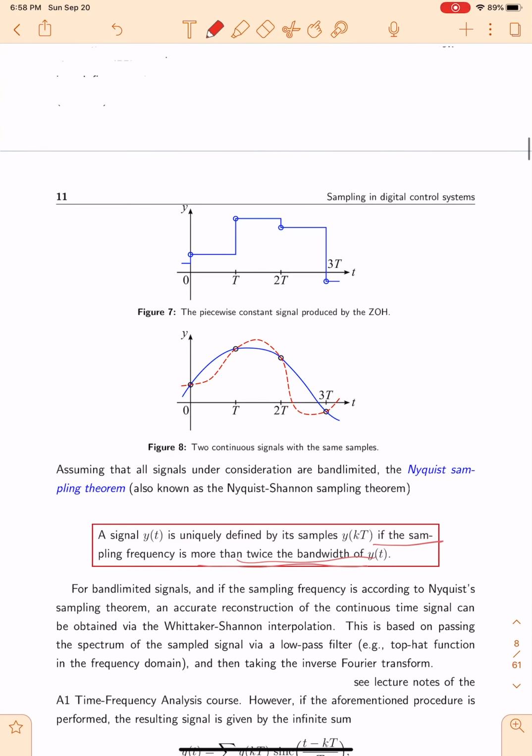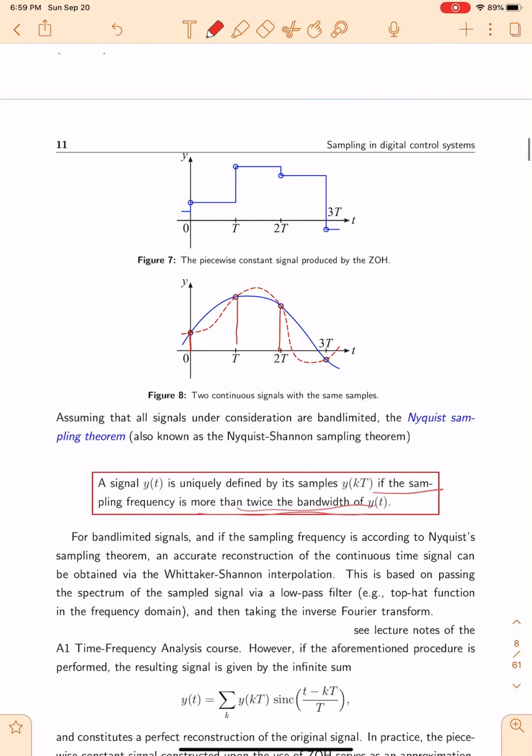So this introduces the Nyquist-Shannon sampling theorem, because when you give two signals the same samples, they can be different waveforms. So the sampling theorem says a signal is uniquely defined by its samples, y(kT), if the sampling frequency is more than twice the bandwidth of y(t).